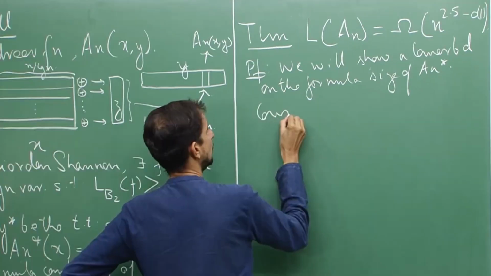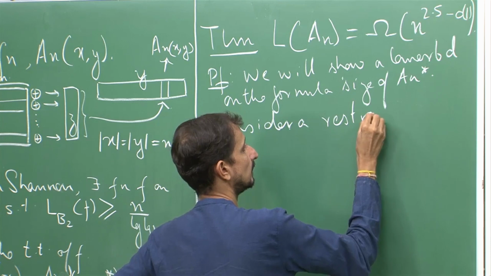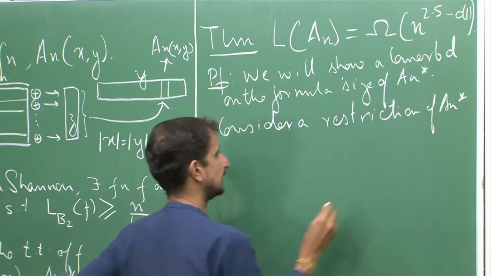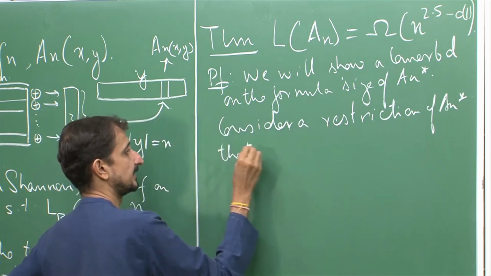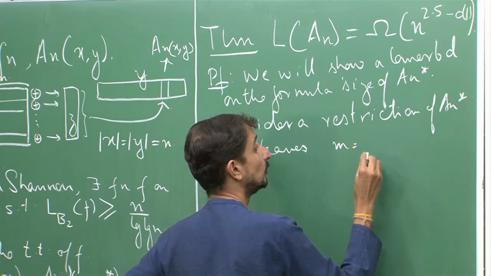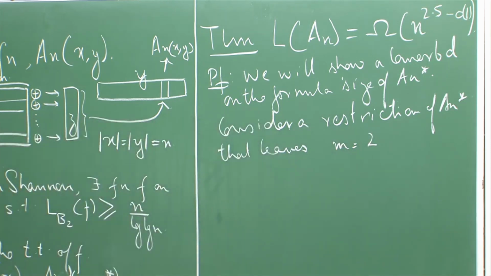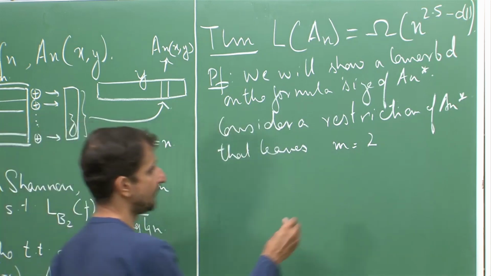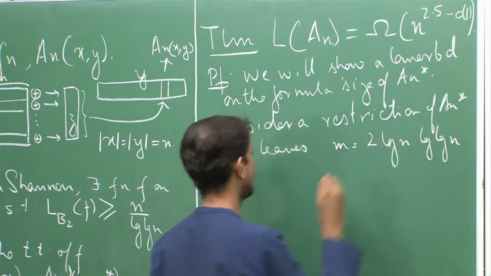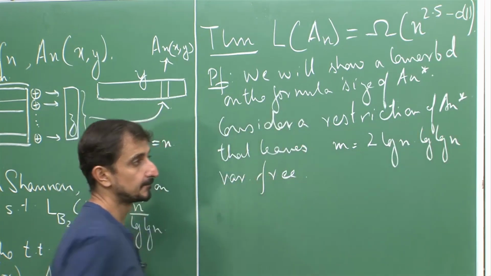So, consider a restriction of A_n star that leaves m equal to 2 log n times log n variables free.